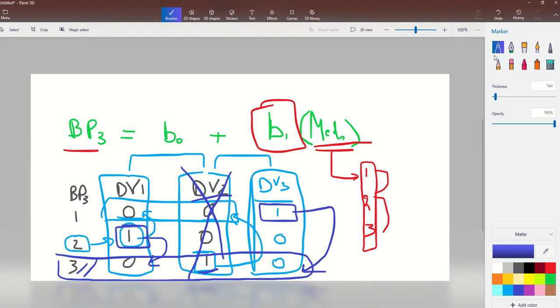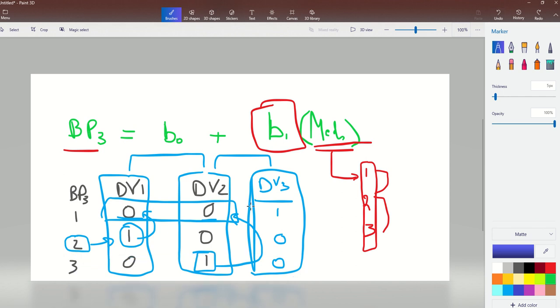Similarly, if you want drug 2 to be your reference point, you have to remove the dummy variable that has 1 for drug 2. Meaning you remove this one, and now you can see that dummy variable 2 and dummy variable 3 both receive 0 for drug 2, and therefore dummy variable 2 becomes 3 versus 2, and dummy variable 3 becomes 1 versus 2.